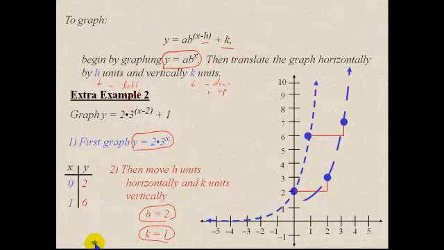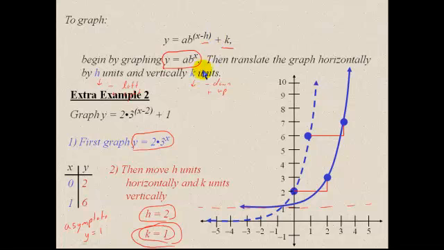And now I'm going to redraw my graph, and notice that my new asymptote has shifted up. My asymptote is shifted up exactly what your k value is. So this is my new asymptote. So my asymptote, well, in this case, it's y is equal to 1, because that's my k value.